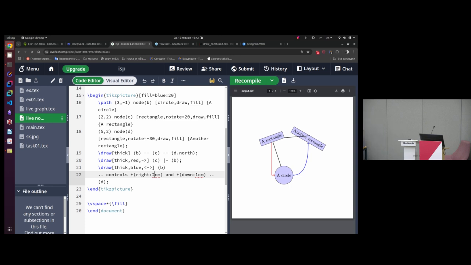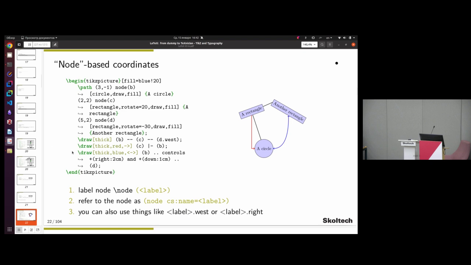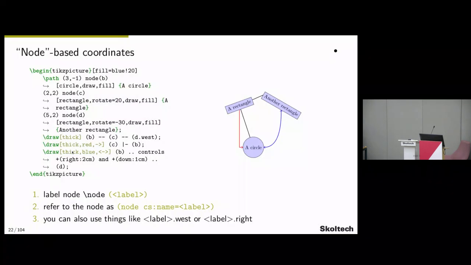Okay, let's go further. I believe you all have this code and you can play with it on your own. So what additional do we have on the slide? On the slide, we have learned that we can label the nodes, and then we can refer to these nodes by their names.